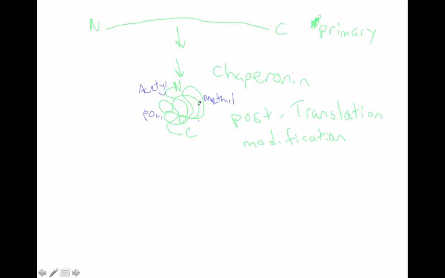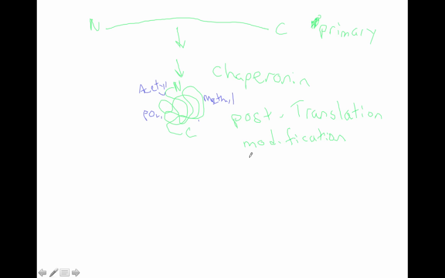All of these can and do affect the activity of this protein. Now, what we're going to talk about with the next podcast is how we can change this protein by mutating the DNA. And we talked about that in one of our activities in class. You know, if you mutate that DNA, we can get a completely different protein here. And we'll talk more about that in the next podcast.